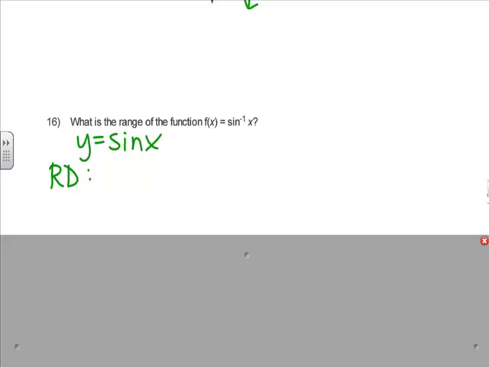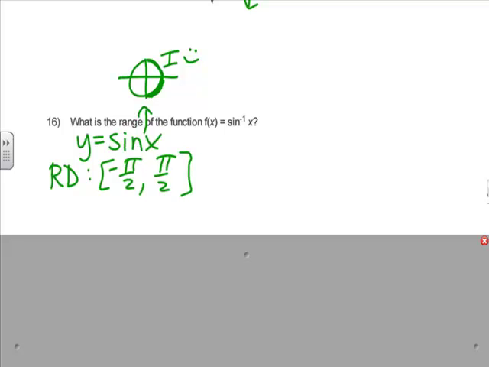And so for the restricted domain for sine x, going back to my unit circle, I just want to pick up quadrant 1, my favorite quadrant, and all the other sine values. So sine is positive here, but it's positive over there too, so that's why I want to go down here where I get my negative sine values. So I'm going to restrict my domain to negative pi over 2 to pi over 2, and the original range then is negative 1 to 1.